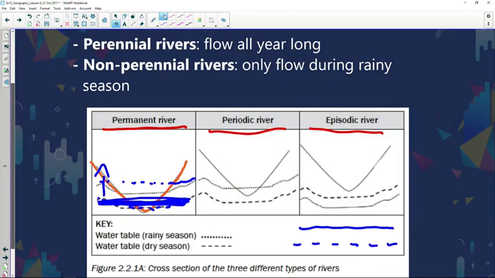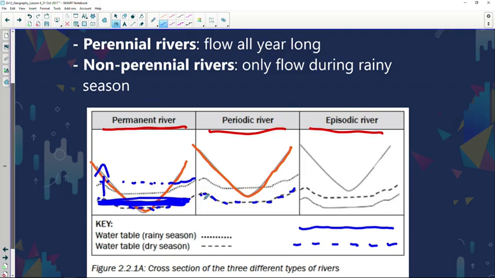So if you look at your river bed, it's a transverse profile from one side to the other side of the river bed. As you can see, let's quickly look at our keys again. The water table in the dry season is below the river bed, meaning there's no water.